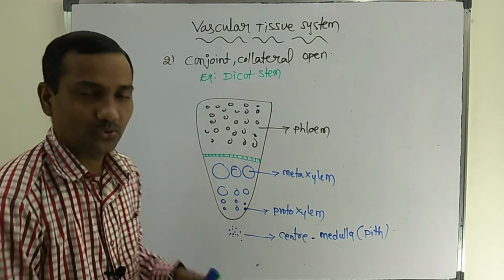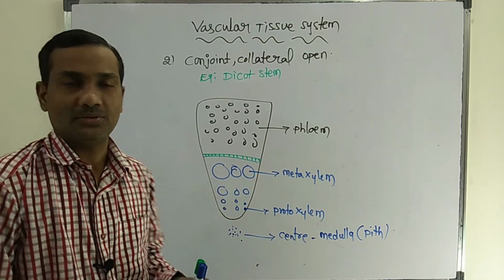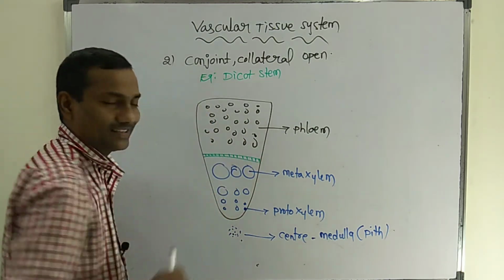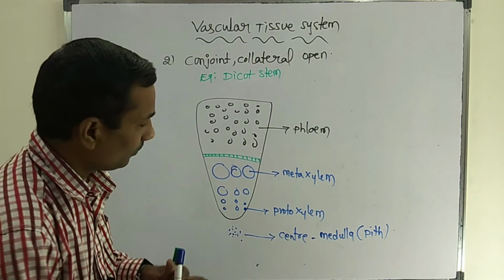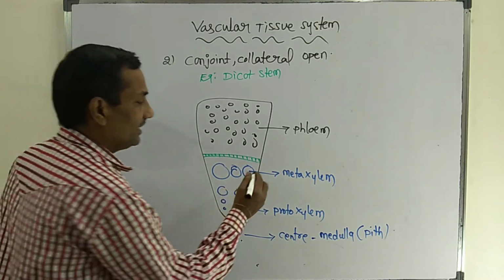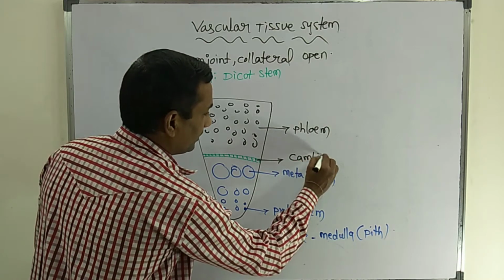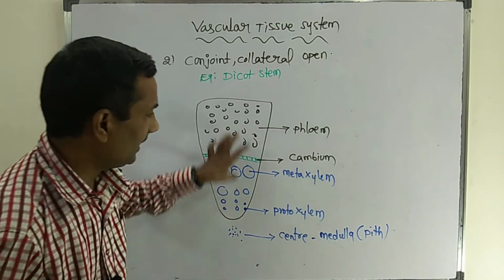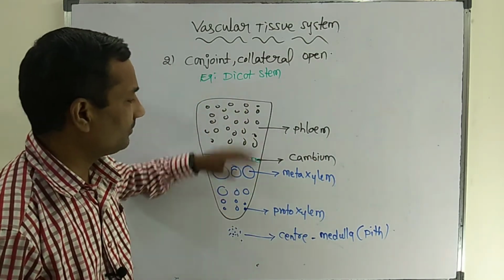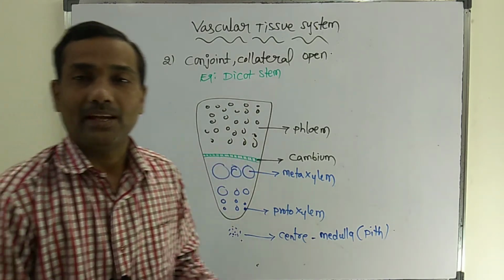Xylem tissue and phloem are both complex tissues and form a special vascular bundle. Xylem and phloem are separated by cambium.